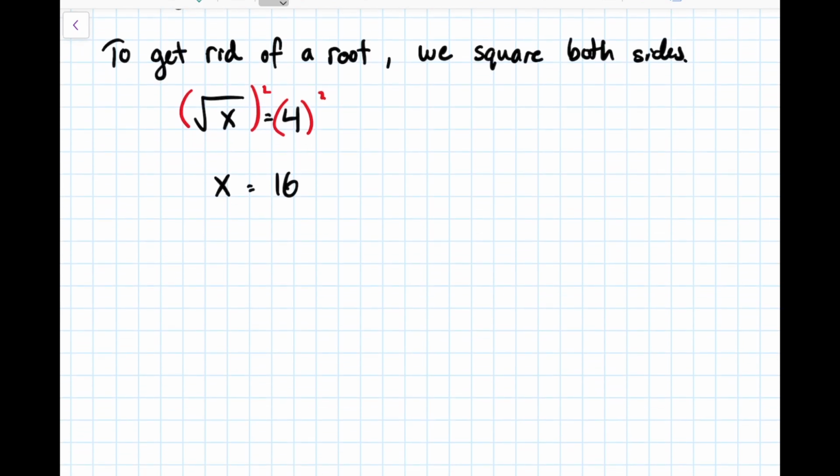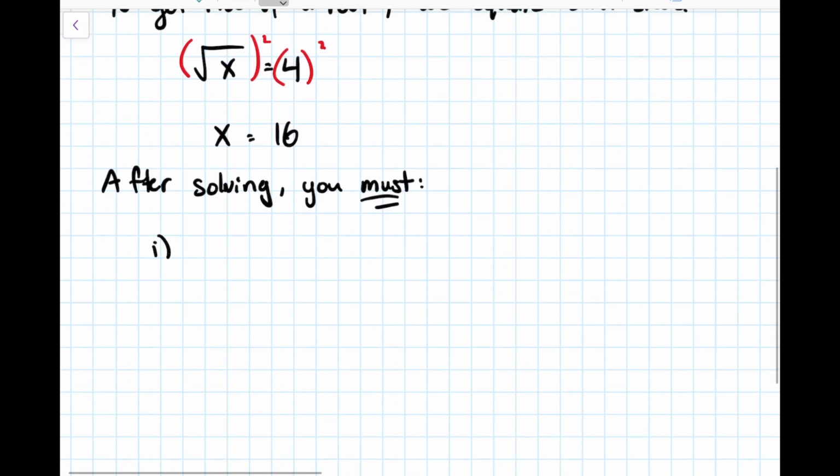The one main thing to take away from this particular question, though, is that after you've finished solving in this unit, so after we get that x value, there's two things we have to do every single time. First, we have to look at those restrictions that we talked about in the last video. So we're going to have to go through the process, figure out what they are, and make sure our solution fits those restrictions.